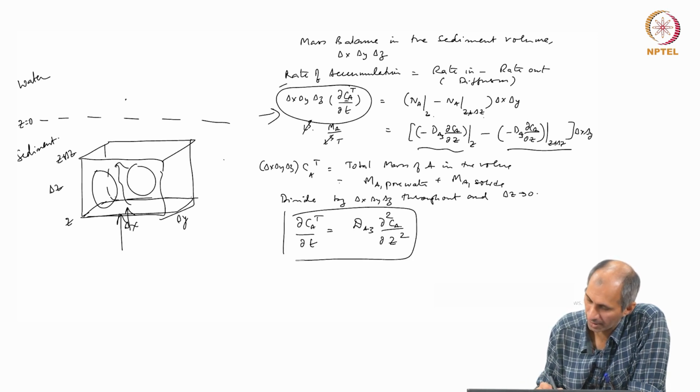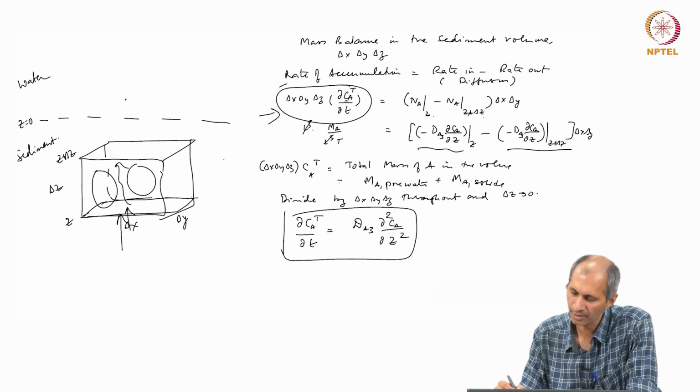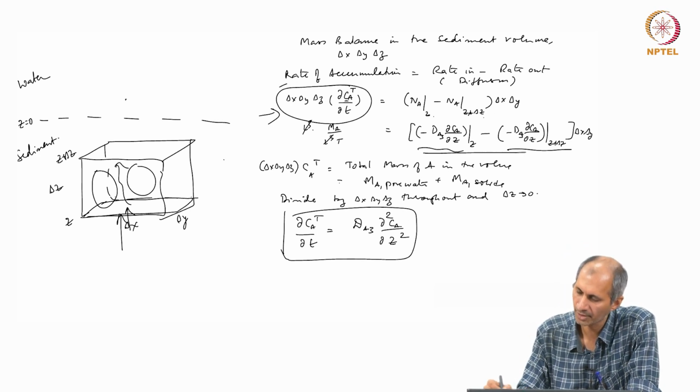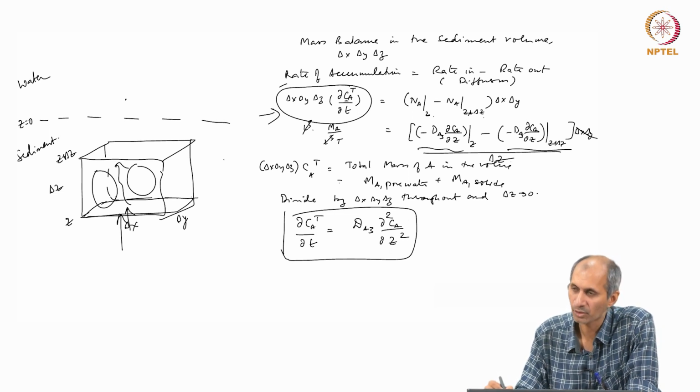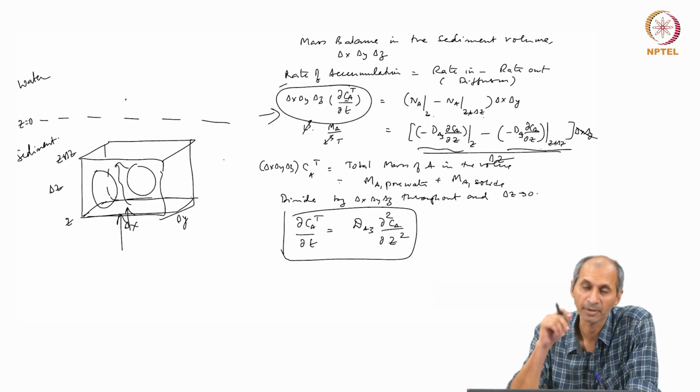You can work this out; we have done this before. So this minus this becomes this term divided by delta z, and that delta z goes to 0. This is the definition of a derivative.